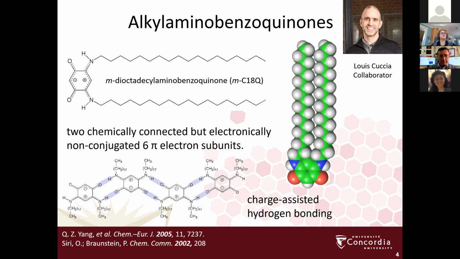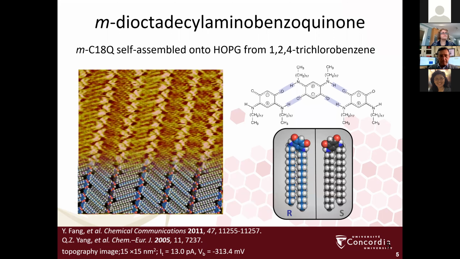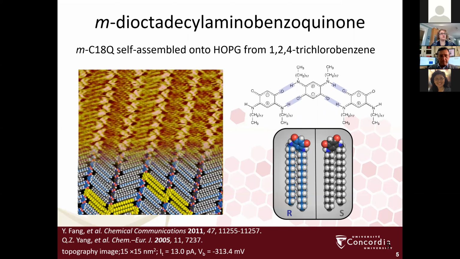And what he was able to find, by doing some STM measurements on HOPG, is that these achiral molecules are effectively prochiral in that when they adsorb to the surface, lying down on the HOPG, they adopt what he termed an RNS conformation, which leads to either these zigzag or herringbone arrangements or these linear arrays on the surface.